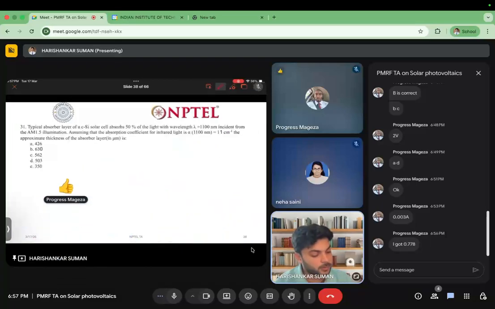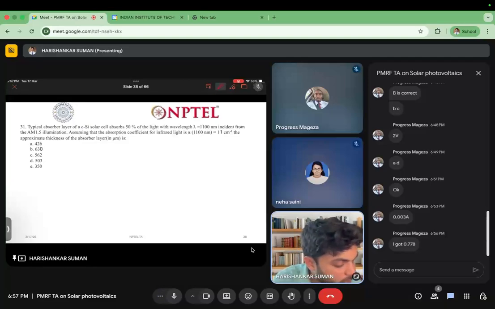Okay, next. Crystalline silicon solar cell, you have absorbed 50% light intensity, wavelength is given. Assuming the absorption coefficient of the infrared is 11 per centimeter, what is the approximate thickness of the absorber layer?